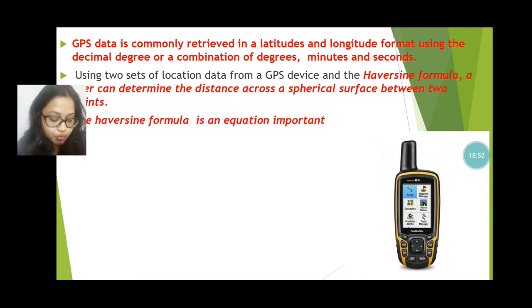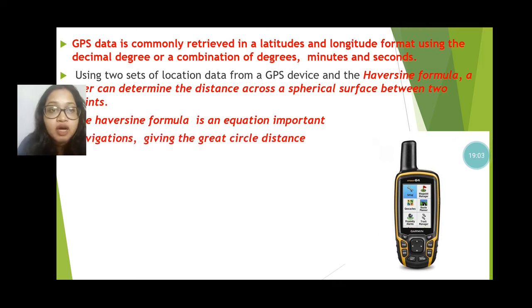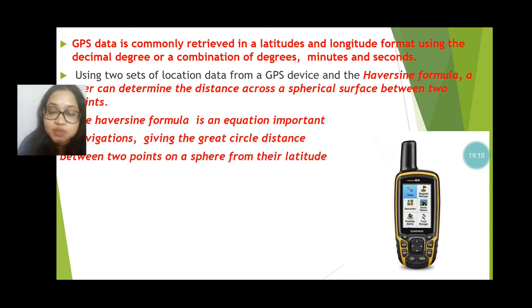Okay, where you are located and where you want to go, and where the car is located. The distance between these 2 points can also be measured. This Haversine formula is an equation important in navigation, giving the great circle distance between the 2 points on a sphere from the latitudes and the longitudes.